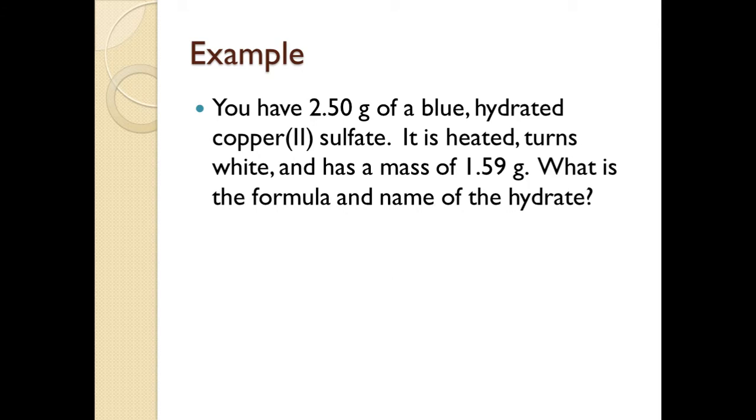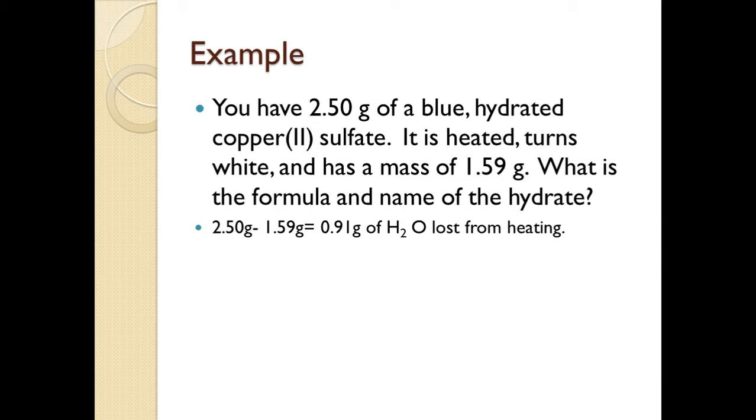After heating, the copper 2 sulfate has a mass of 1.59 grams, less than the 2.50 grams it started with. You know this happened in the lab with your materials as well. So in order to find the formula and name of the hydrate, the masses 2.50 and 1.59 are important.